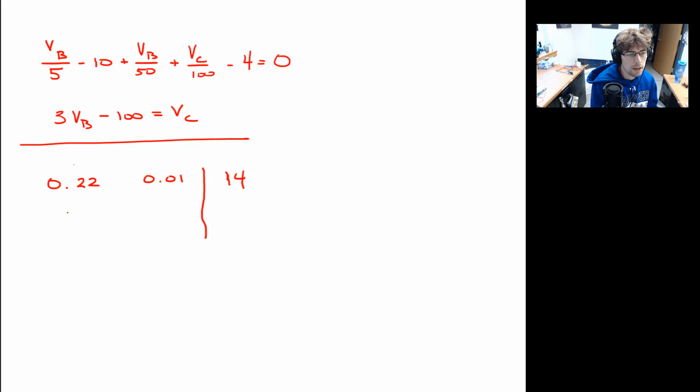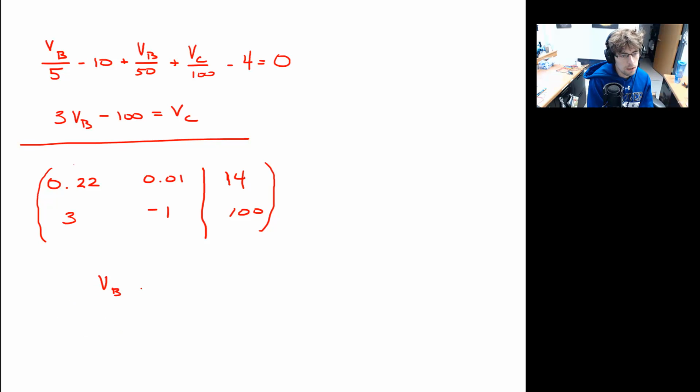Down here we have 3, -1, and 100. And now we are free to figure out what the values are. What I get is VB is equal to 60 volts, and VC is equal to 80.